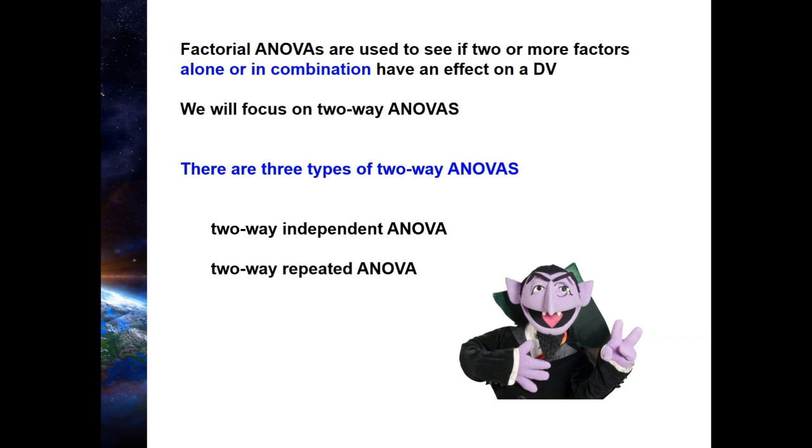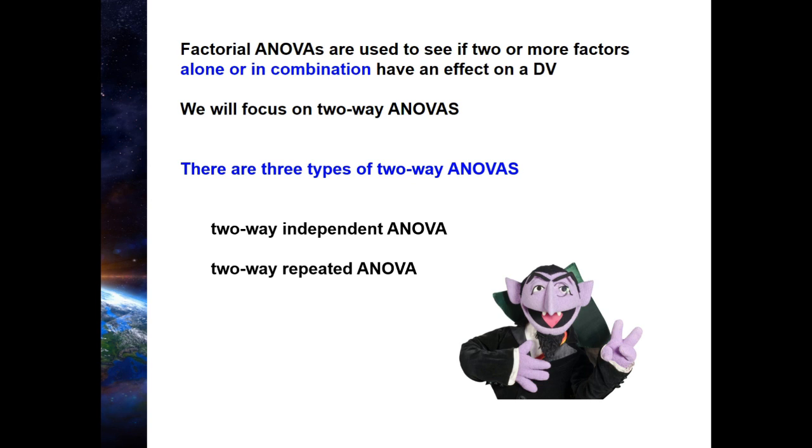A 2-way repeated ANOVA is the second kind. And in this particular analysis, each independent variable is within subjects, or both independent variables could be matched subjects.